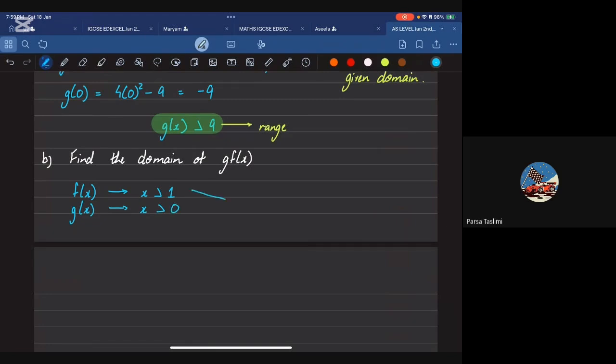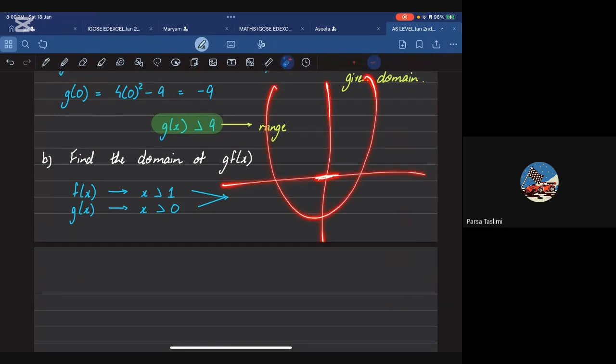Now, combining these two together, what do you think the newer domain should be? Yes, Parsa. Obviously, one function has a domain which is saying that it needs to be greater than 0. The other one is saying it needs to start from here.